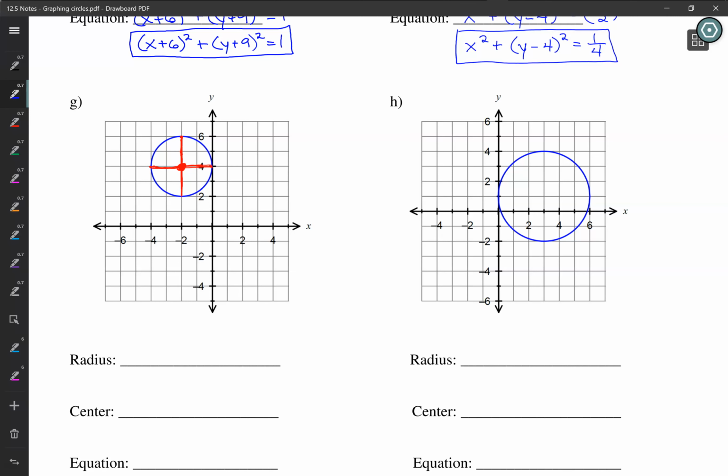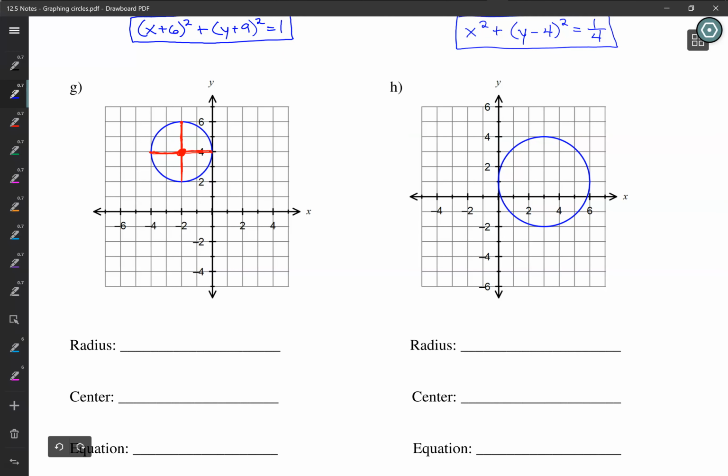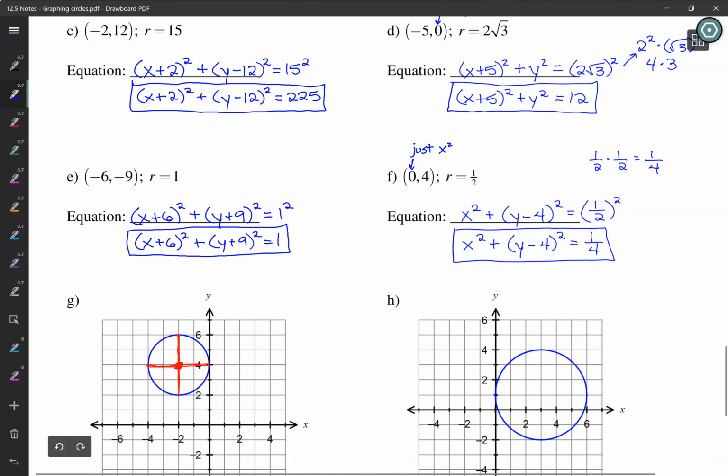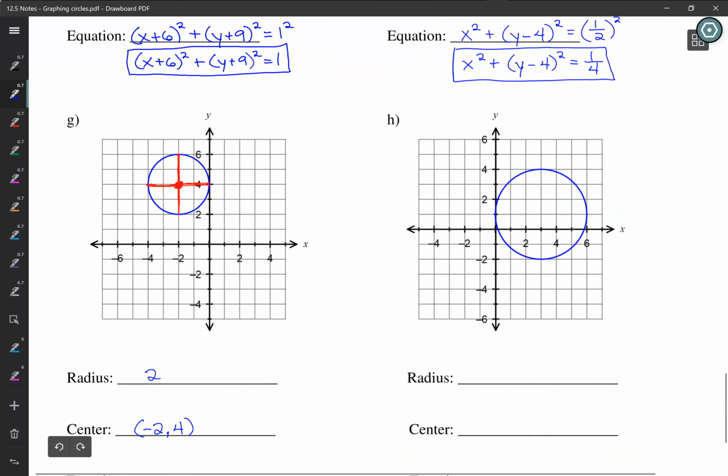All right, so -2, +4 is the center, right? Left 2, up 4. And then the radius is just, well, how far from the center to the top, or from the center to the side? 1, 2. So now you have exactly the type of information I was giving you in one of those problems.